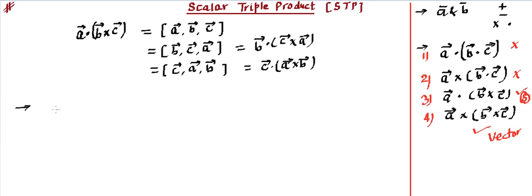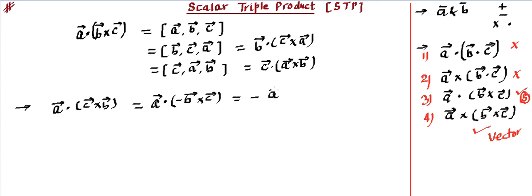If somebody says we need to find this A vector dot C cross B, then we can use that this is also equal to A dot, and this C cross B can be written as minus B cross C, because we know in cross product if we exchange the position, then minus sign comes in, and this minus sign undergoes this dot product, so we know this will come outside, so it will become minus A dot B cross C.